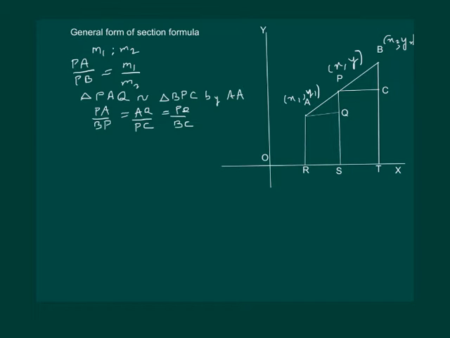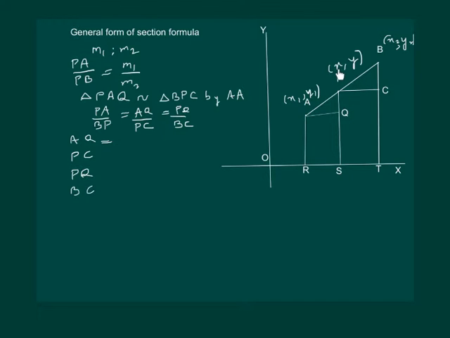Let us find AQ, PC, PQ and BC. AQ will be OS minus OR, but OS has to be x as coordinates of point P is x, y.